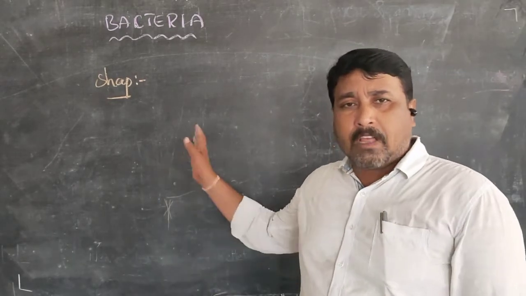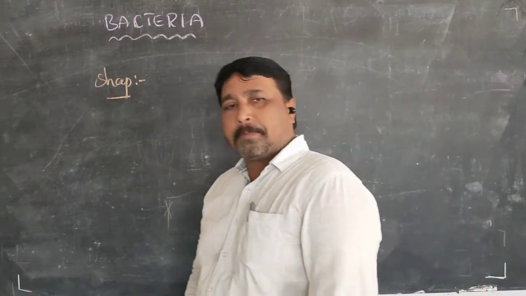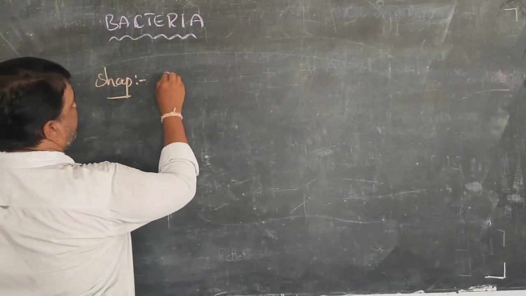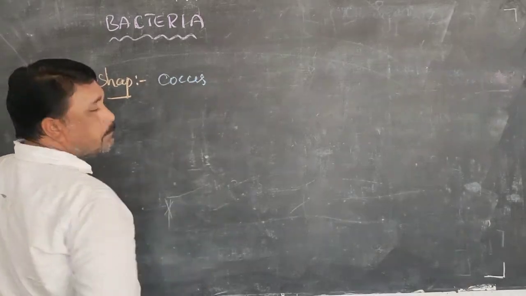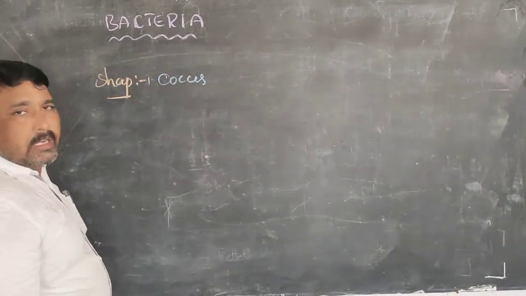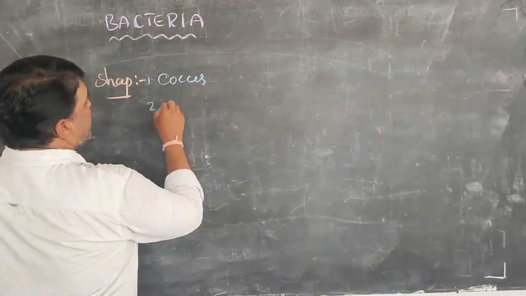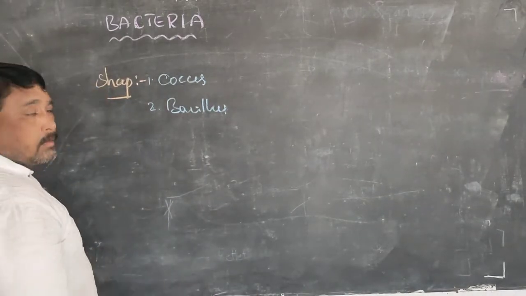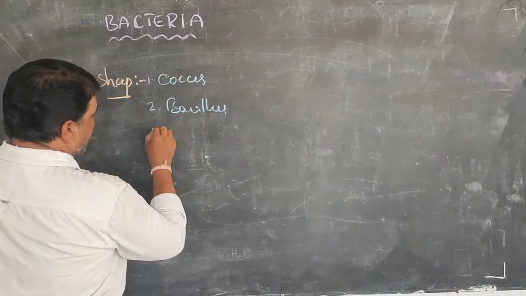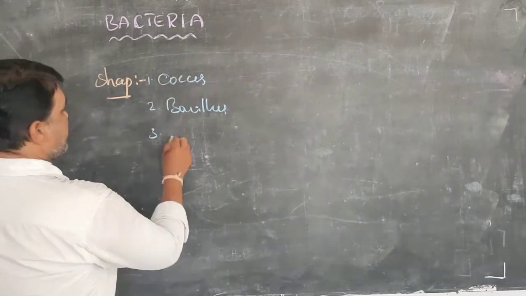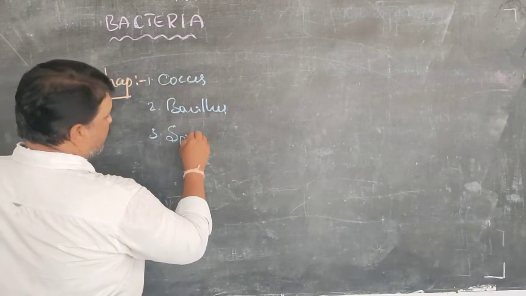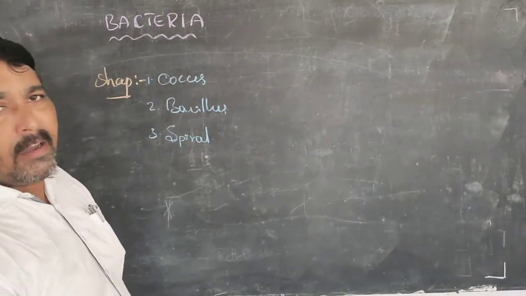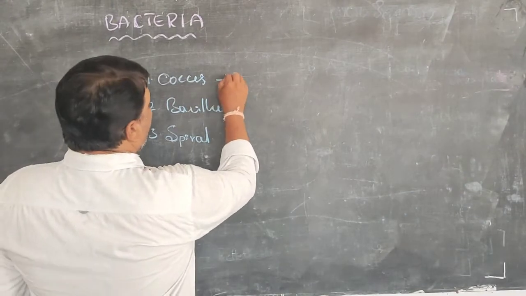Based on shape there are the following types: one is coccus, the second one is bacillus, the third one is spiral. Coccus, bacillus, spiral. The first one, coccus.